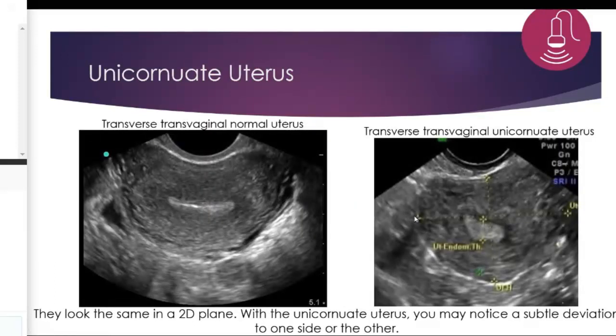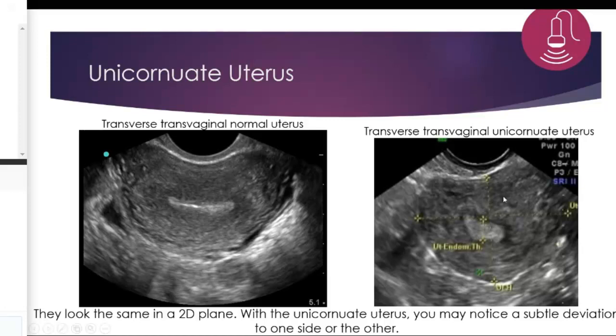So transverse imaging. So this is the normal uterus here, transverse transvaginal. And then we have a transverse transvaginal unicorn uterus. So same as the sagittal image, they look the same, the normal and the abnormal.